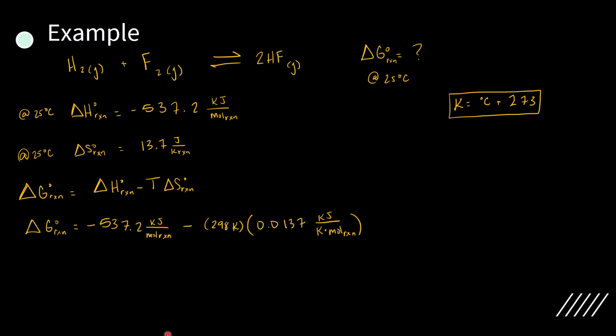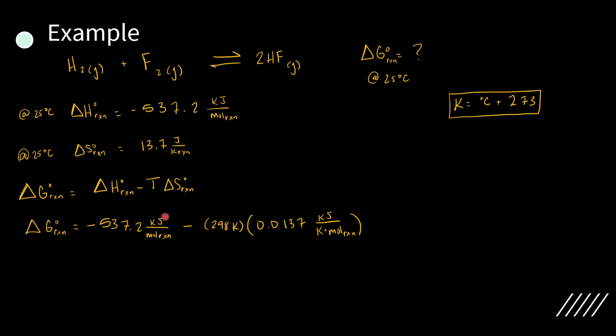Then I'm going to convert my 13.7 joules per Kelvin per mole reaction into kilojoules really quick by just moving my decimal over 3 times. Again, kilo means 1,000, so 1, 2, 3, that's where I got this 0.0137 from. Now I make sure that all of my units are matching up: kilojoules per mole reaction, Kelvin, kilojoules, Kelvin, mole reaction.